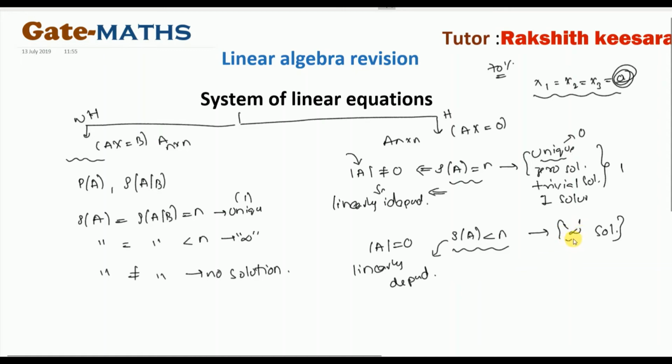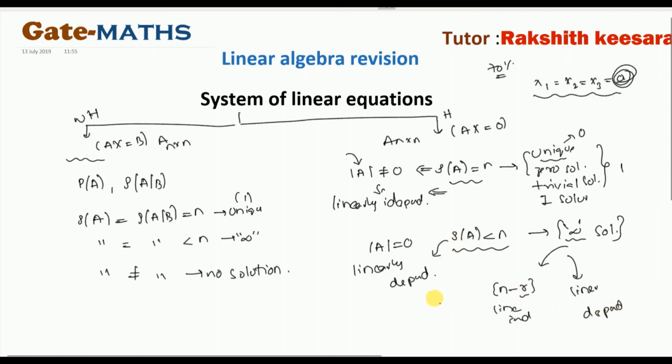See, there will be an infinite number of solutions. In that, you will have n minus r linearly independent solutions. Remaining all will be linearly dependent, where r is the rank of the matrix.